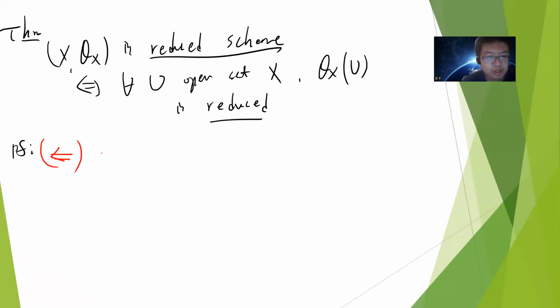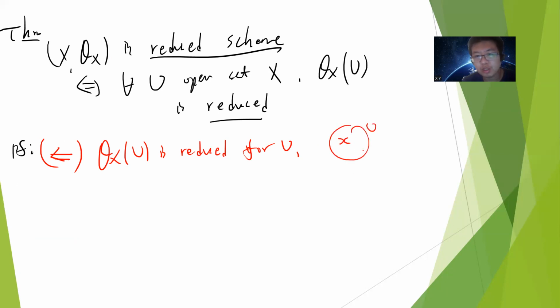Because if O_X(U) is reduced for all U, that means that if you take any point x, then you can find an open set U which covers it.